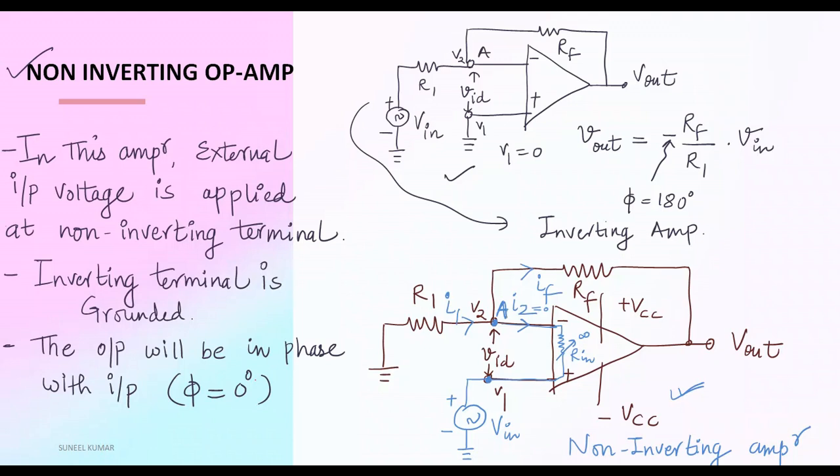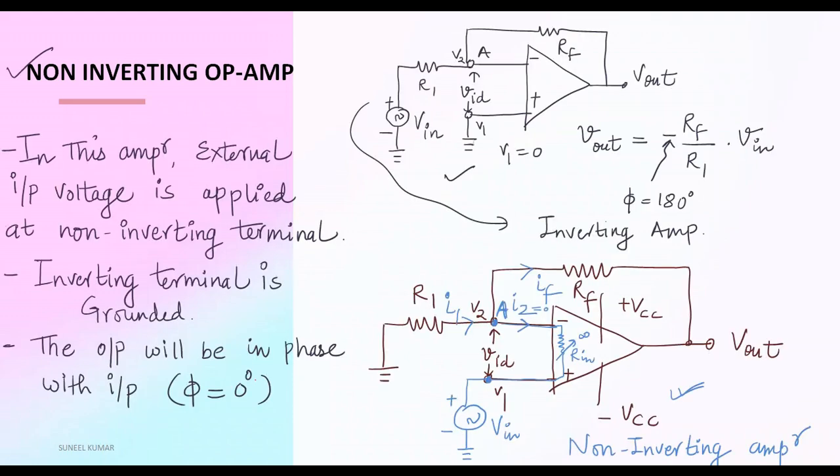So at node A, we are applying Kirchhoff current law.